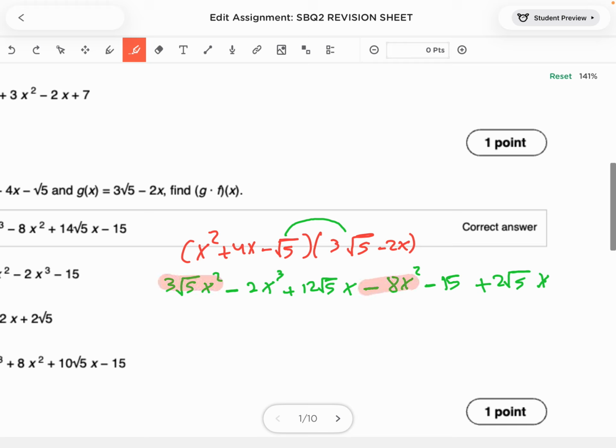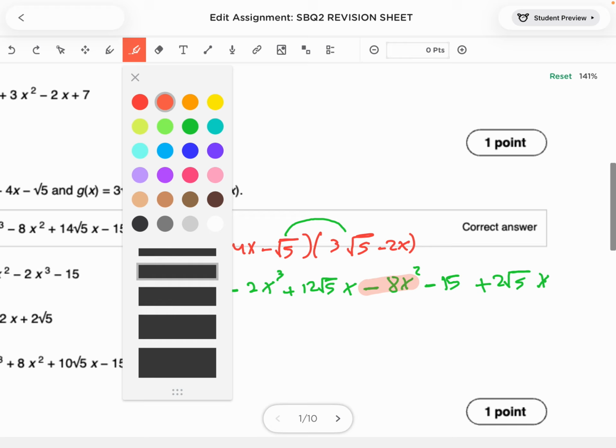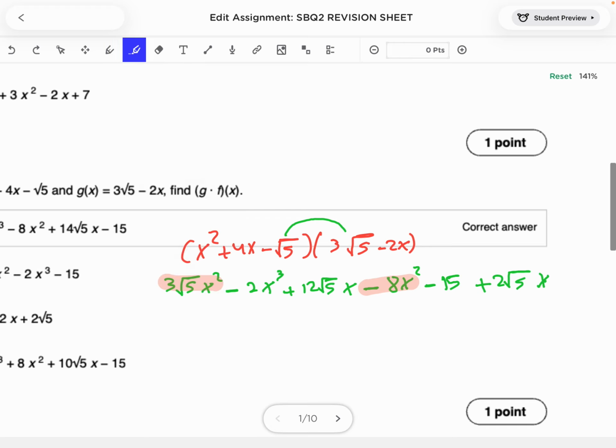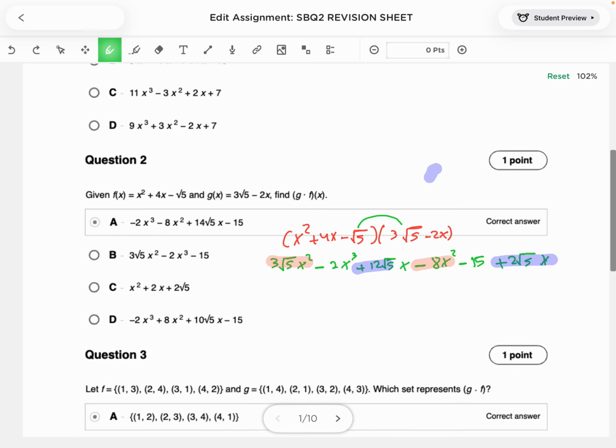These two are like terms, and these two are like terms. So we start with the highest power, which is negative 2x to the power 3.